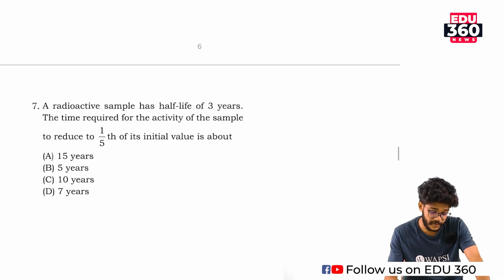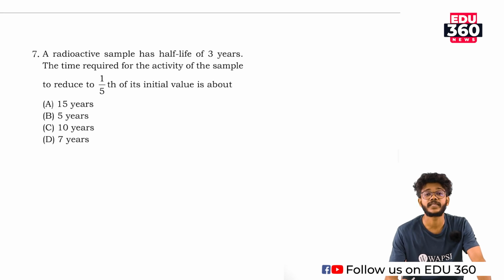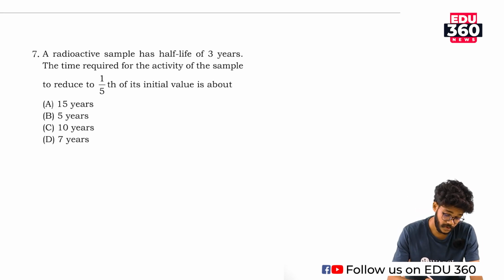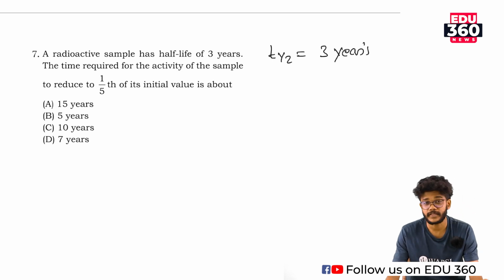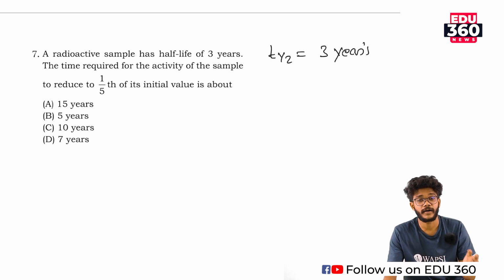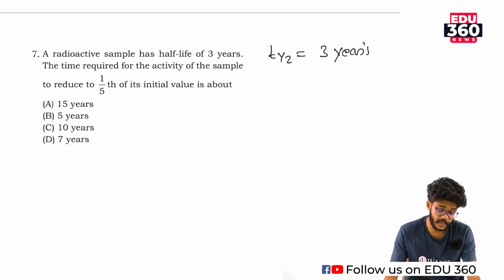A radioactive sample has half-life of 3 years. Half-life is given, so we can write T half is equal to 3 years. That means after 3 years, half of the particles will disintegrate. The time required for the activity of the sample to reduce to 1/5 of its initial value is about?